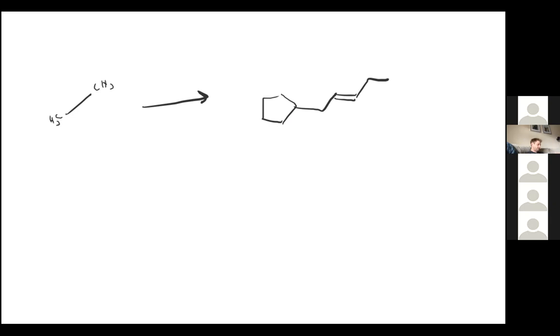All right, so I'm going to break this down backwards and then work through it in the forward direction. So if I think about this, I probably need some sort of alkyne to get here. Should look something like this.